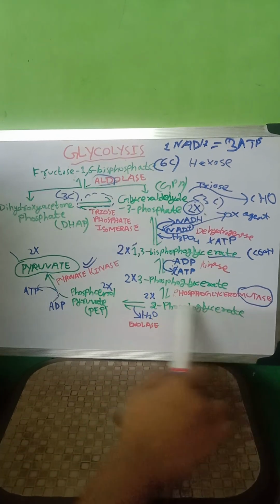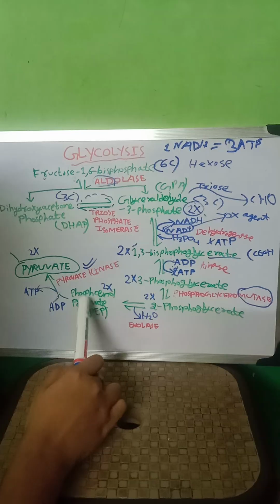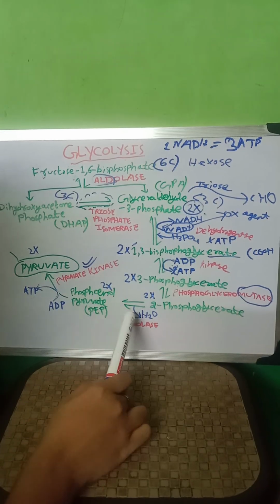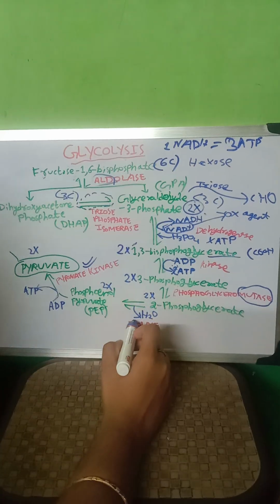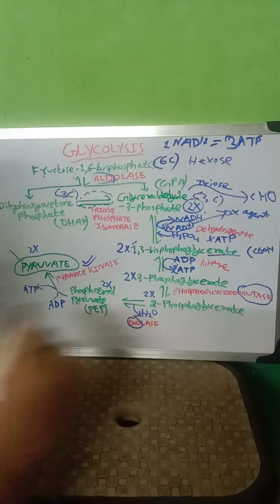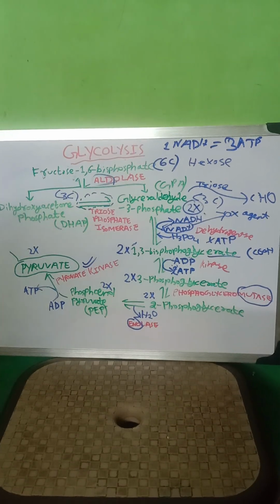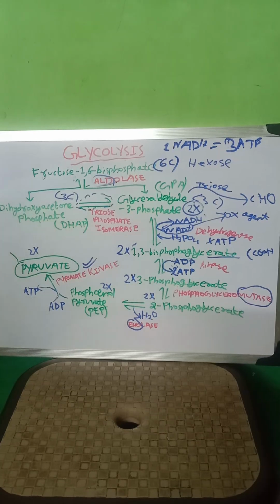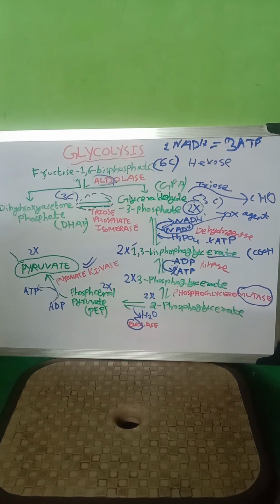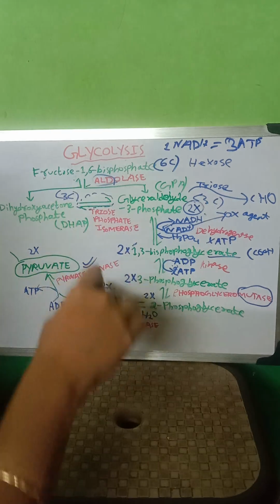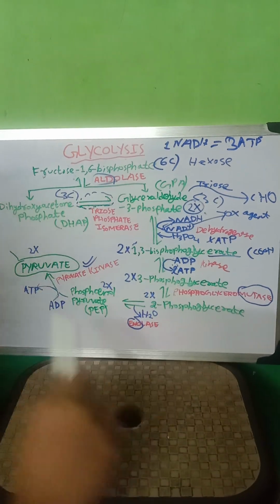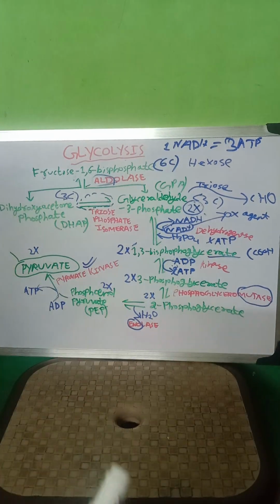To convert this compound into PEP, phosphoenol pyruvate, we need to release what? You can remember by enolase. You have drunk Eno, right? You have seen the advertisement. If you have indigestion, you put some Eno in water and drink it. So if you see this word Eno in glycolysis, you will remember that water is coming out.